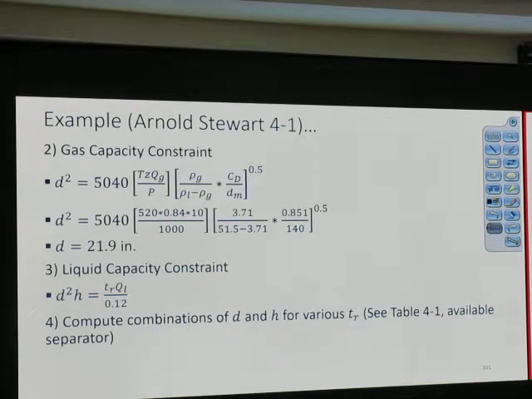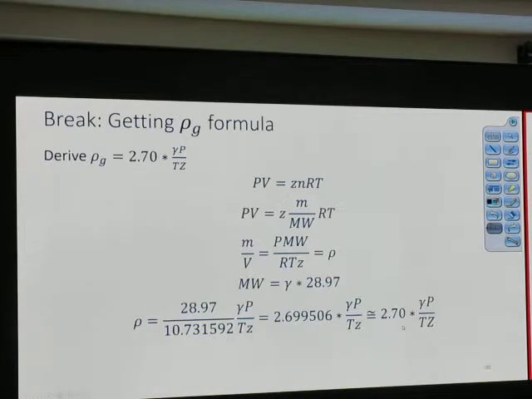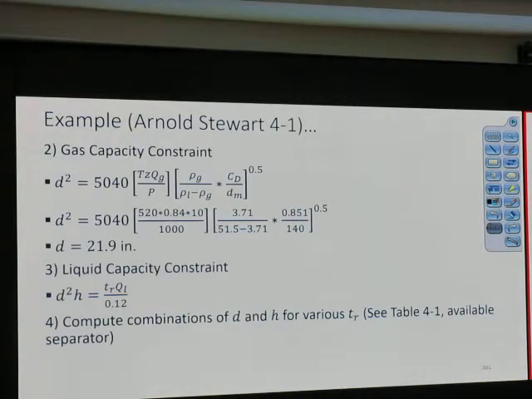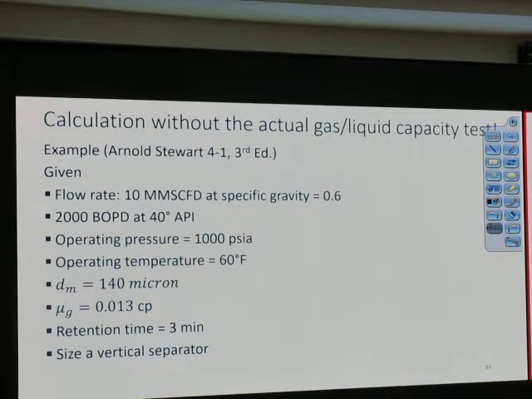Once we have that, in the homework, is it a horizontal or vertical separator? Vertical separator, okay? For a vertical separator, we have the vertical separator equation. Is this also a vertical separator? Yes. This is also a vertical separator.